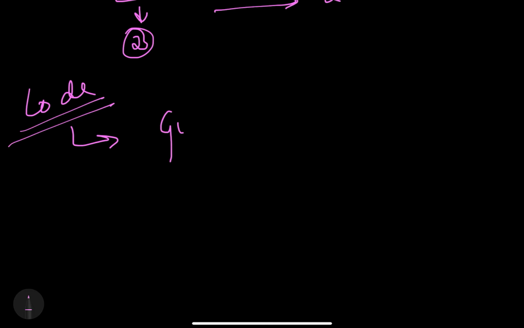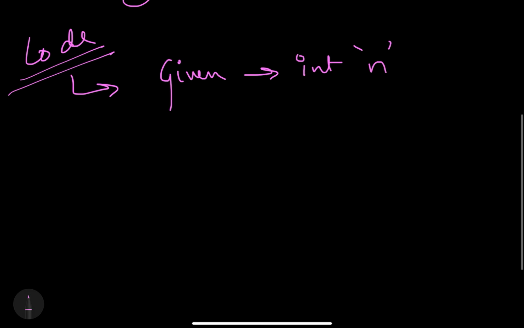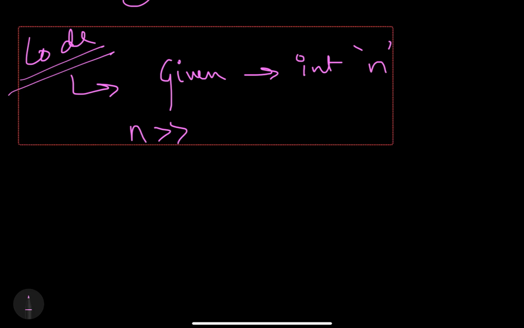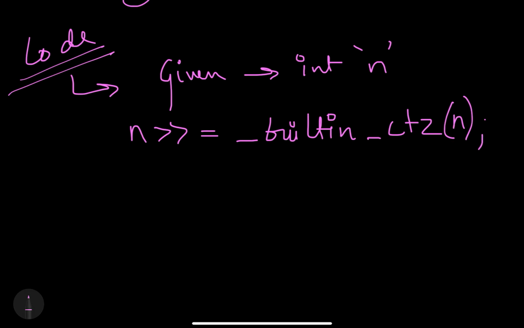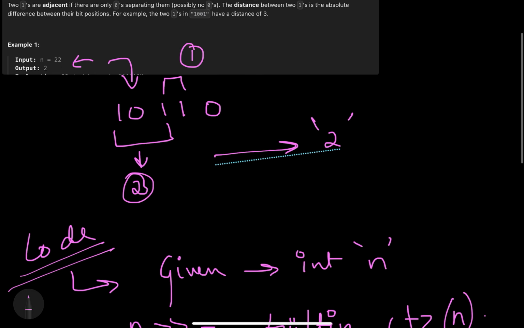So what we have been given is that integer n. Now first, what we can check is where our first 1 is present, because we'll ignore the zeros in the binary representation that are on the left side of the number.